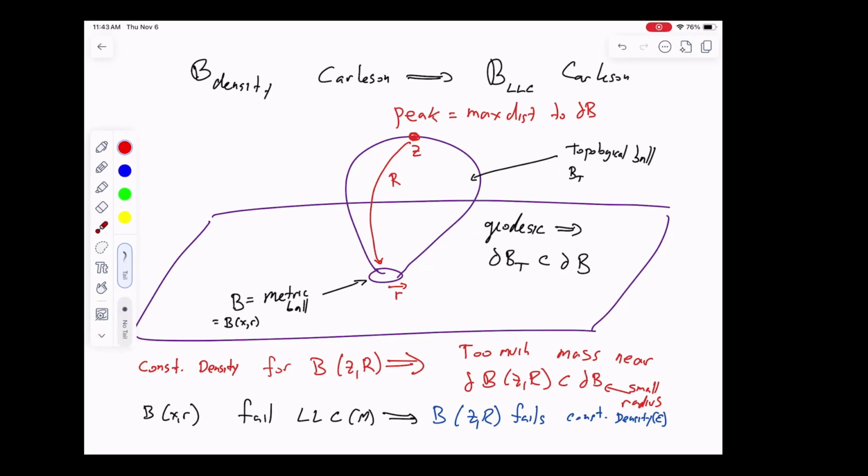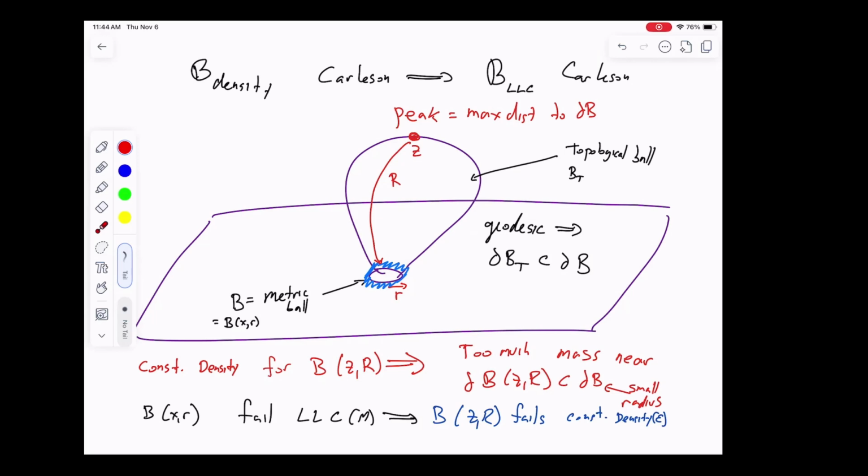What does constant density for this ball tell me? If we perturb capital R a little bit, it tells me that this annulus here has mass which is linear with respect to big R. So if you perturb R in this neighborhood, so big R goes from hitting one side of this annulus to the other side, then the mass has to be linear with big R. But this perturbation can't.